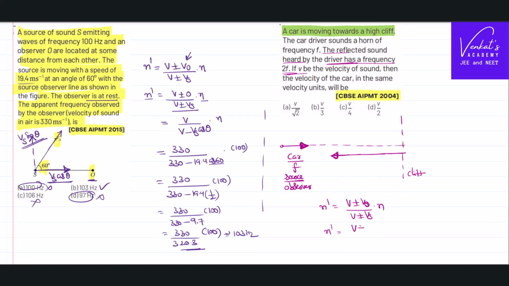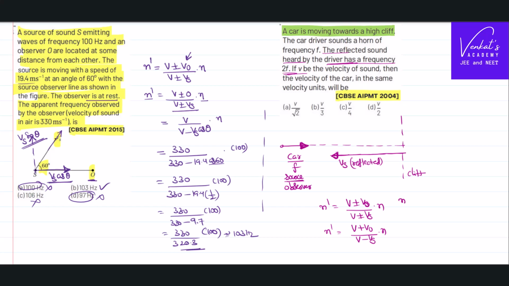So the apparent frequency increases, thus the numerator has to increase. Now the source, that is the reflected sound, is also approaching the observer. So because of the source the frequency also has to increase. As that is in the denominator, if it has to increase, I have to write a minus. That's the equation for the apparent frequency.